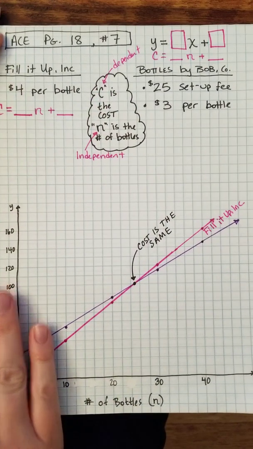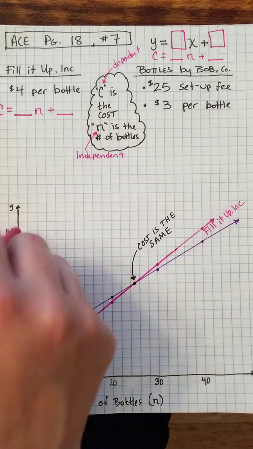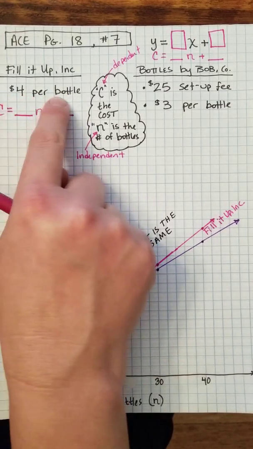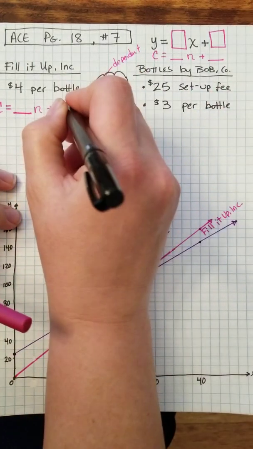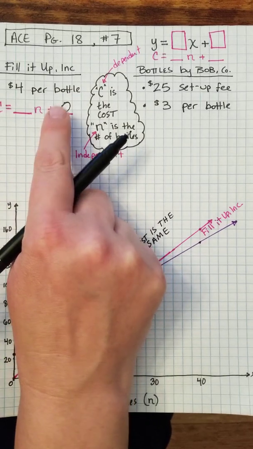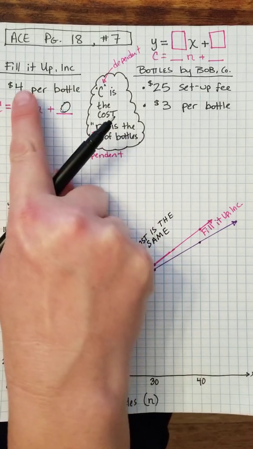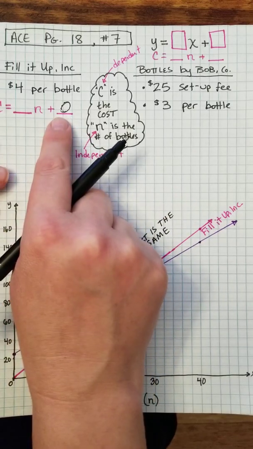So Fill It Up, where do I start? When I have 0 bottles, I don't pay any money. So I can think to myself, okay, that is really 0. So I start with $0. No bottles, no money. I don't have to pay anything if I don't buy any bottles.